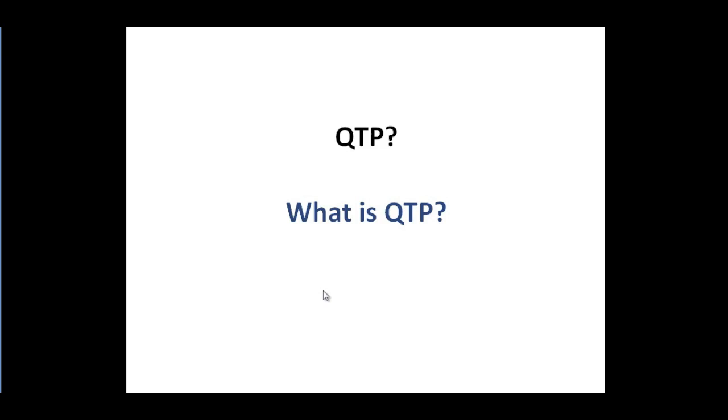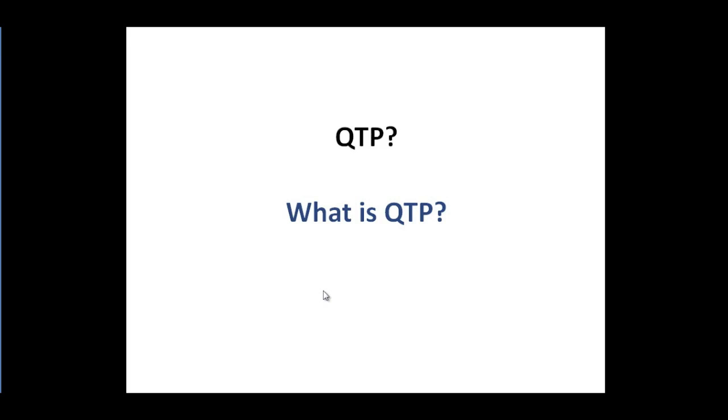JMeter is an open source tool. So QTP is strictly a functional testing tool. You cannot really do any performance testing with Quick Test Professional because, again, QTP is a functional testing tool.